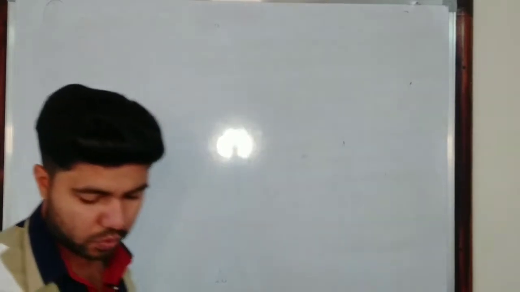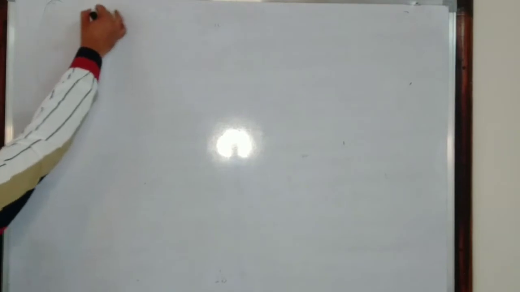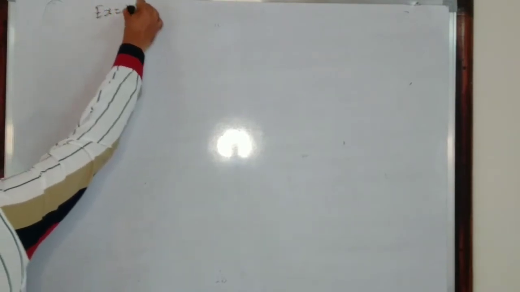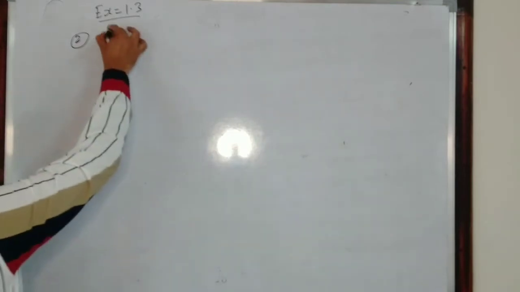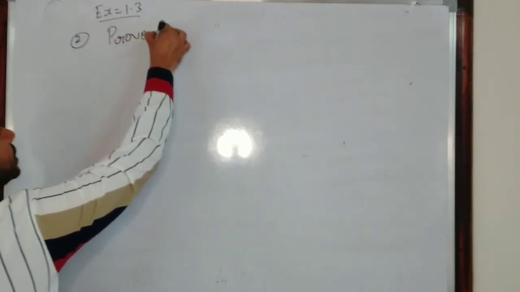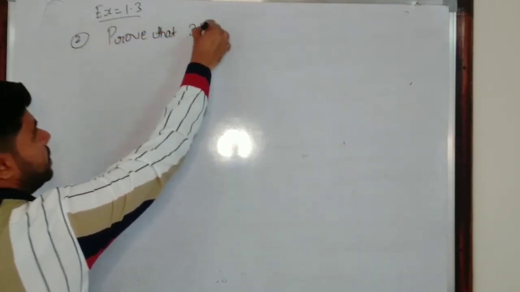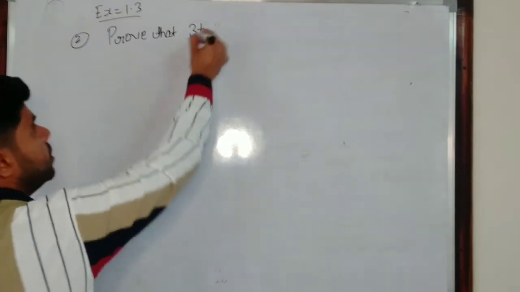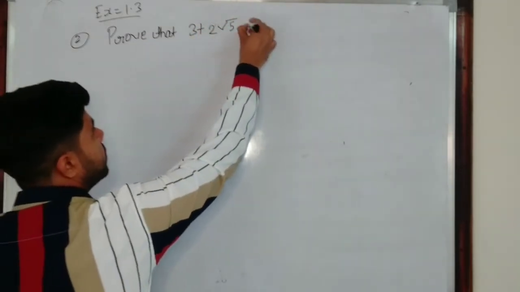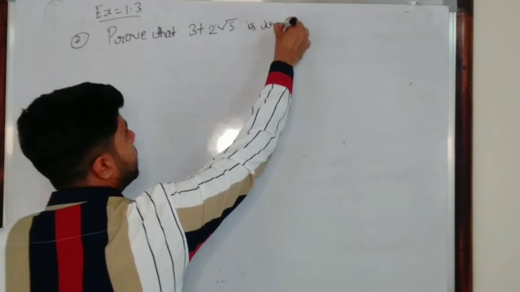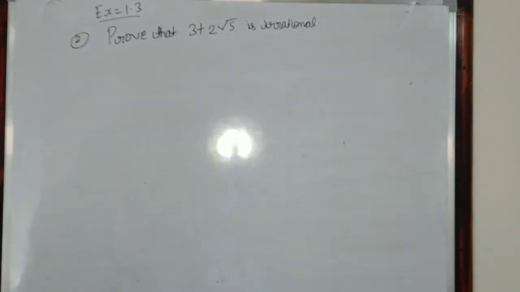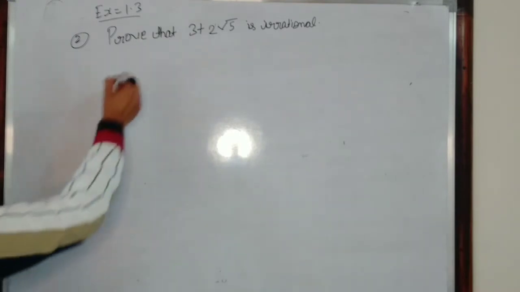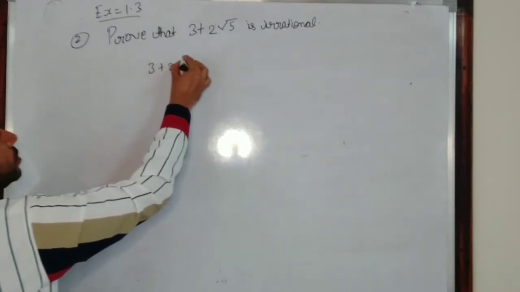Prove that 3 plus 2 root 5 is irrational. Exercise 1.3, question number 2.